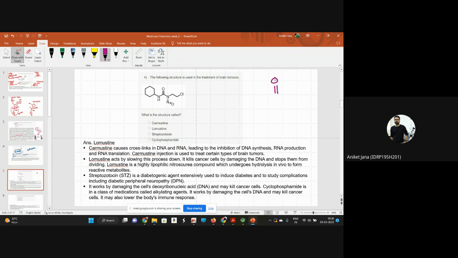Double bond O is there and some NH is there. Then N, double bond O, and so on. So what do we call this NHCONH moiety?